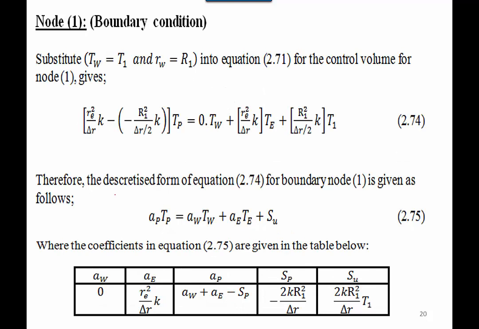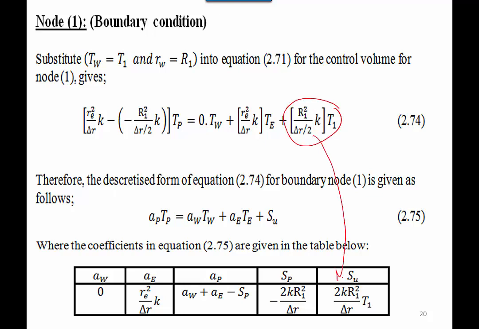So we again make the table for control volume number 1, which is at the inner surface of the sphere. Therefore the temperature at the interface is big T1, and R west is equal to big R1. So we substitute this in equation 271, and we will have equation 274 with this strange value.